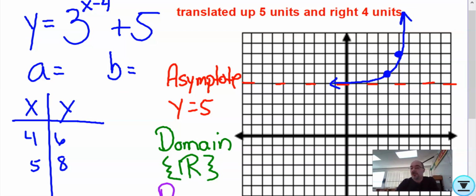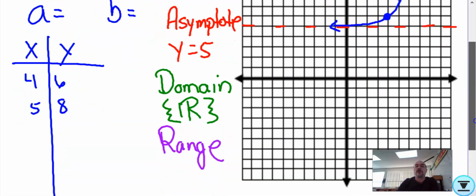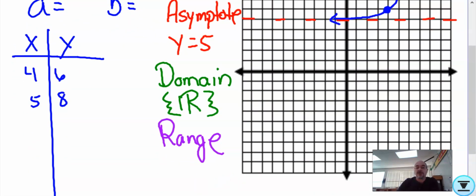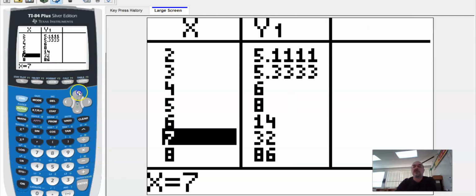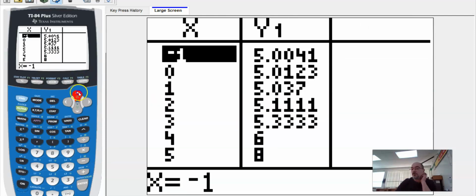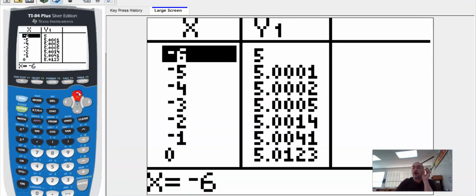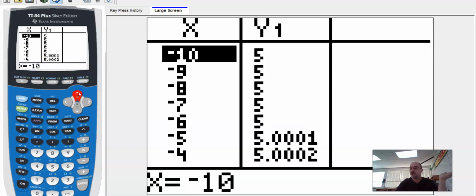Okay, but the range did change. The range is affected by the asymptote. So the range is y is greater than 5. And again, if I go to my graphing calculator, I will notice when I go to my table, if I scroll up, eventually you'll notice in the y column, all of a sudden it's just 5s.